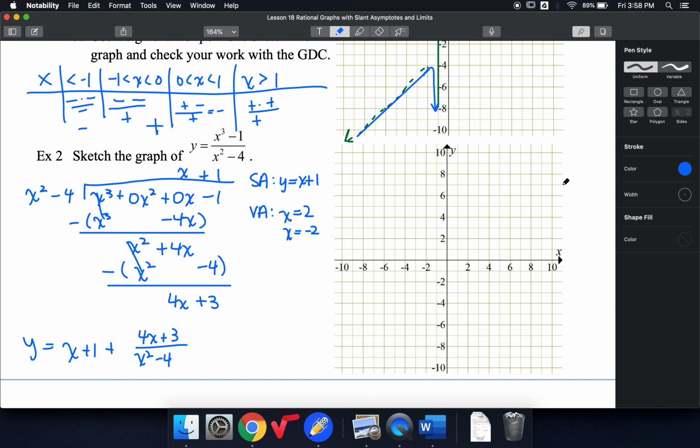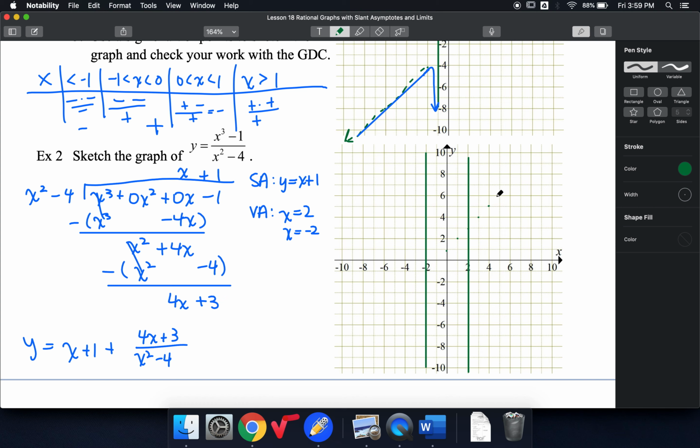So let's go ahead and draw in our asymptotes. Like I said in the previous video, I'm going to use a straight line just because that's easier for me to draw on this, but you should use a dashed line when you create your asymptotes. And then x plus 1 is going to start here and continue on.